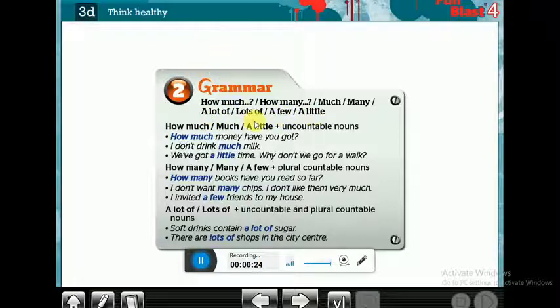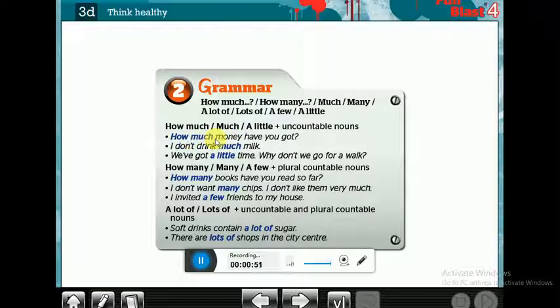Okay, the first important point we have to focus on is that how much and a little are followed by an uncountable noun. Like I can say how much money, how much water, how much milk, how much juice, how much furniture.